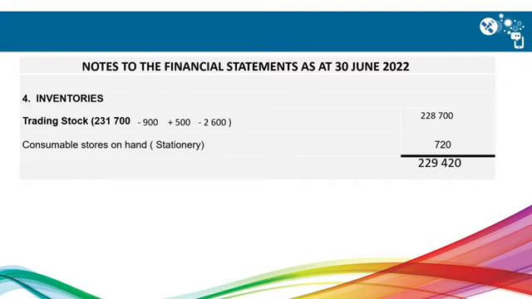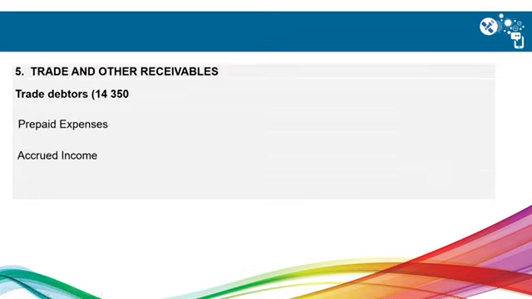Then it's easier to go and collect the information from the question paper. So, 229,420 will be the amount that's going to go to my statement of financial position. The next note that was required was trade and other receivables.